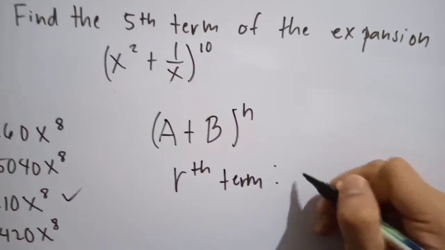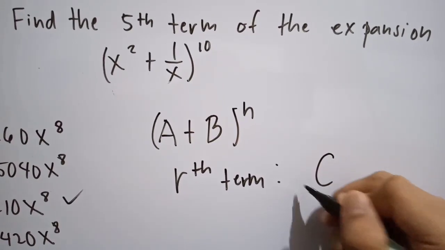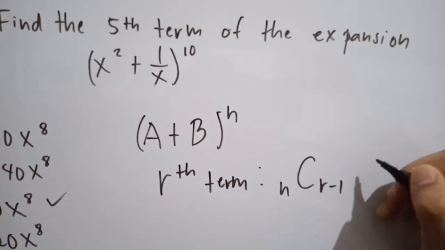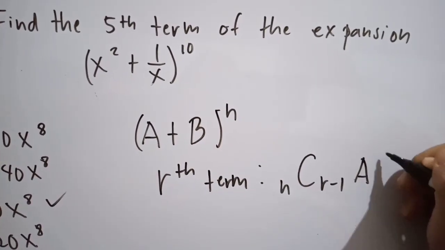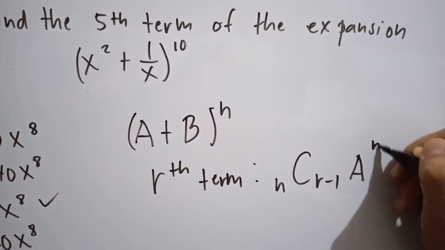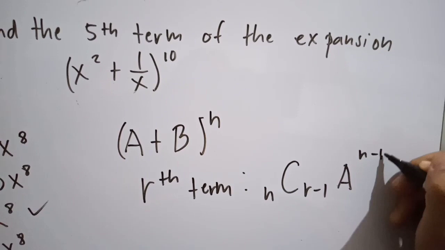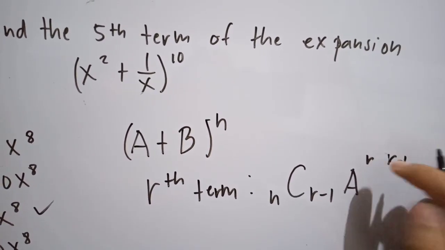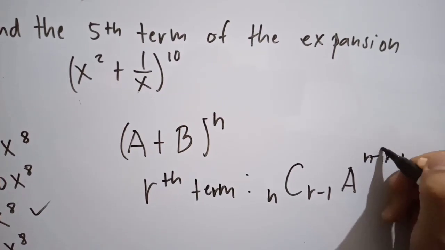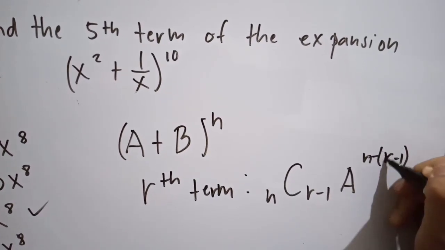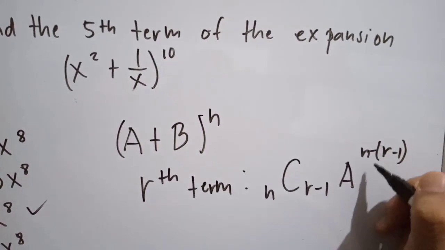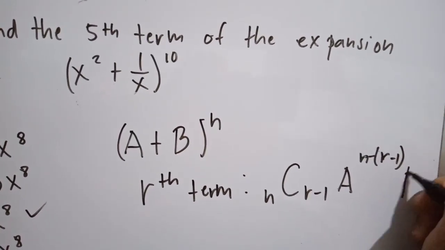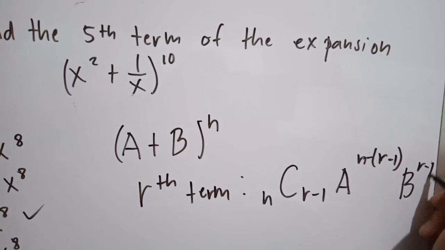Ito yung formula niya. C, or combination of n taken r minus 1 at a time. Tapos yung first term raised to n minus r minus 1. Ito magiging n minus r minus 1, so para magiging n minus r plus 1 to kasi nga negative yun, times b raised to r minus 1.